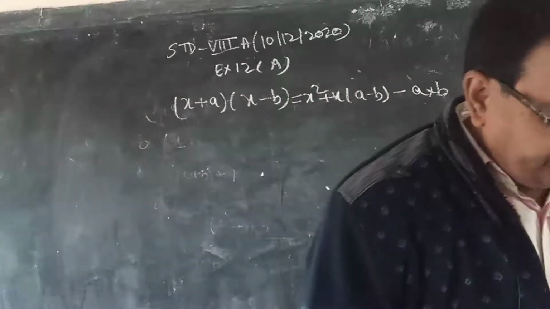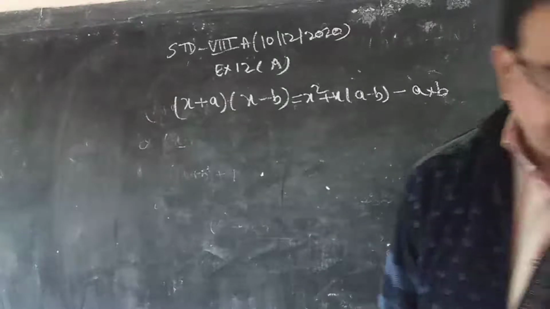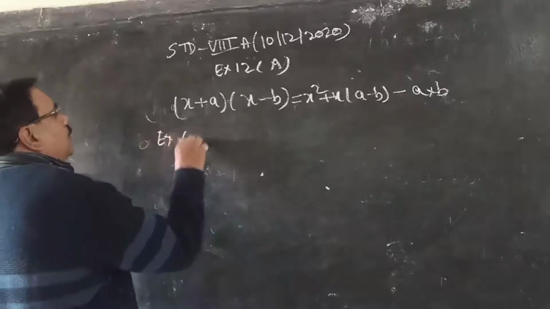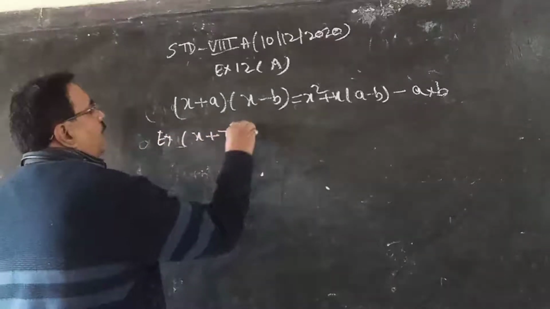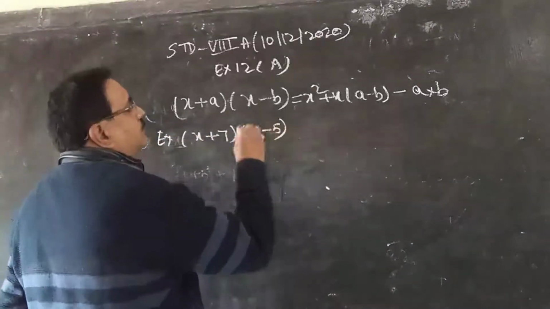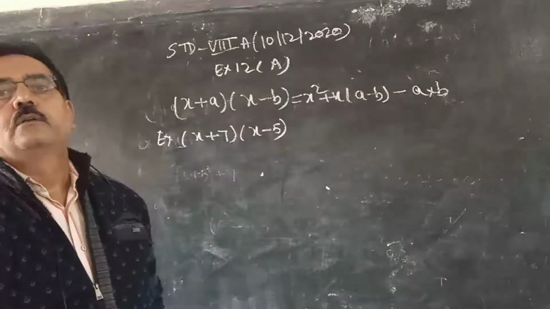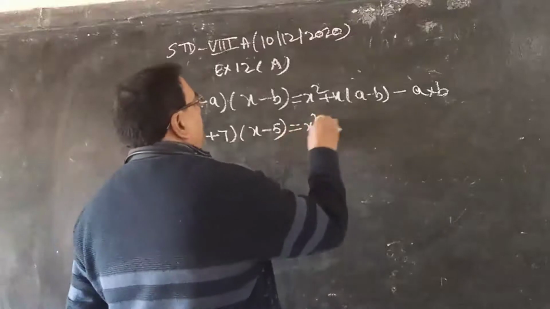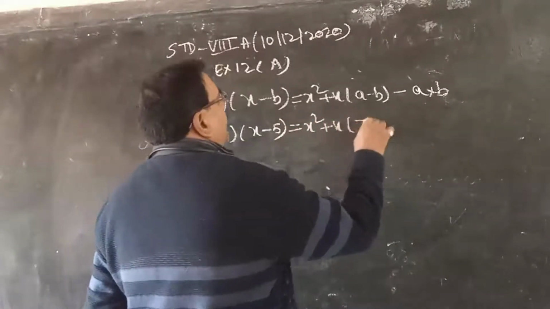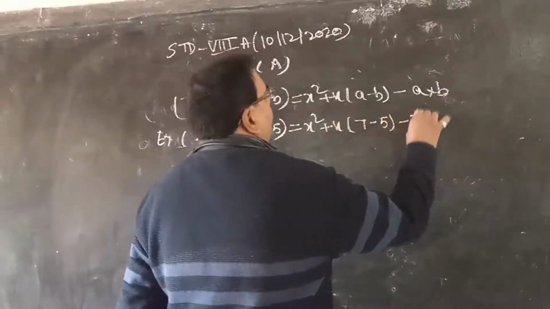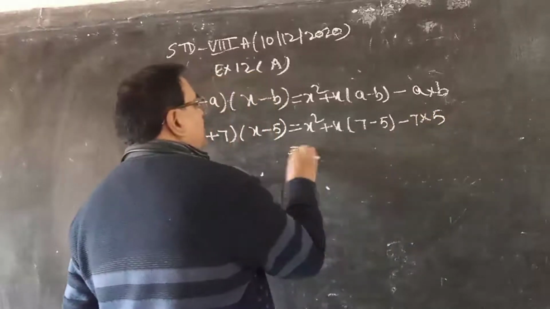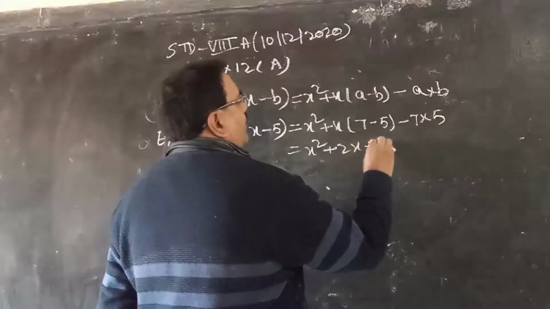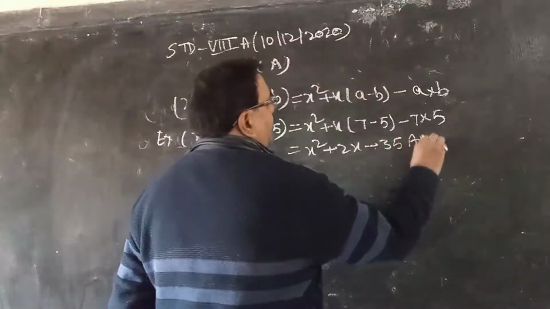Right. Now take the example: (x + 7)(x - 5). Use the formula: x² + (7 - 5)x - 7 into 5. This is x². 7 minus 5 is 2x, 2x minus 35. This is our answer.